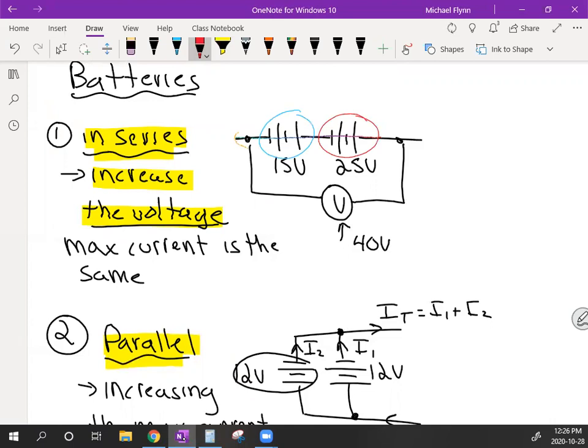And when I measure across both of them with a voltmeter, I get a reading of 40 volts. Okay, so they add up, and that's it. Okay, so here, this voltage will equal V1 plus V2. If this one's V1 and this one's V2, they add up together to give me more voltage.